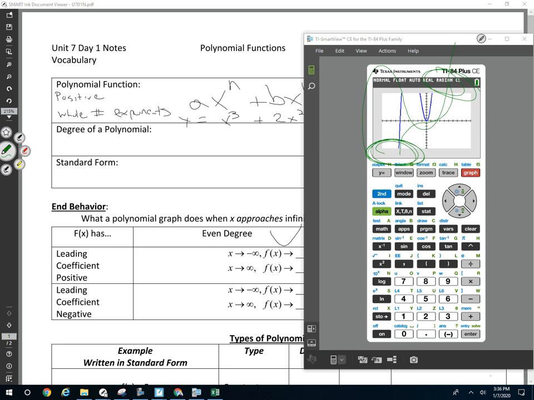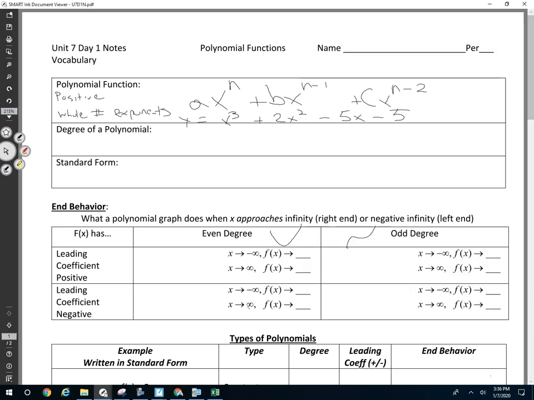Okay? So this is what we call end behavior. Polynomials have consistencies with their end behavior. U's will stay U's. Things that end up diagonally would end up diagonally no matter what's going on. So this is why we're lumping all of these x to the fourth, fifth, sixths together, because of the consistencies.